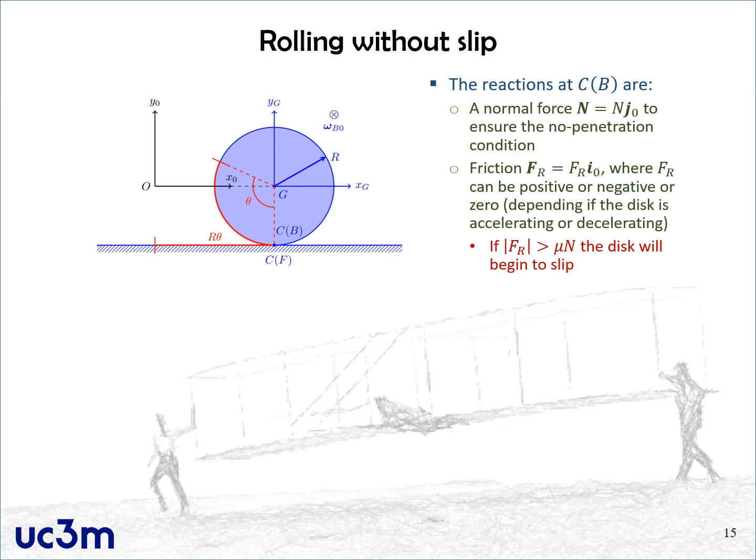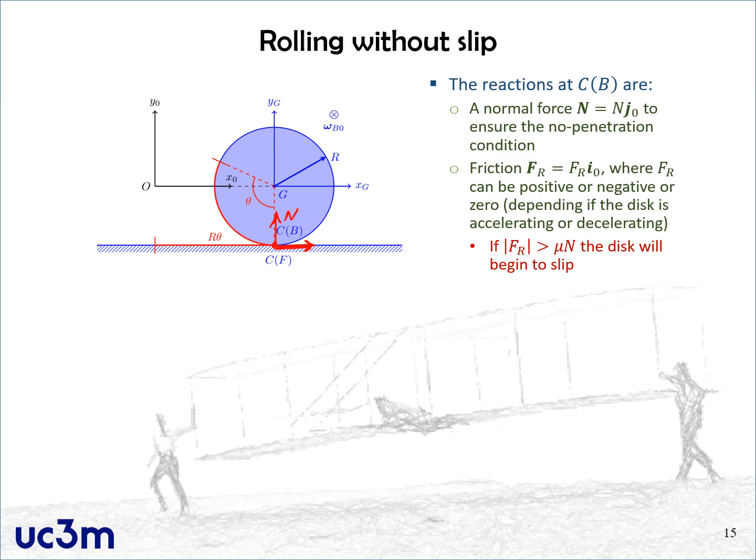More important things, the reaction forces at this contact point: we just have reaction forces, no reaction torques. So we have a normal force pushing the disk away from the ground, and in general we also have a friction force.